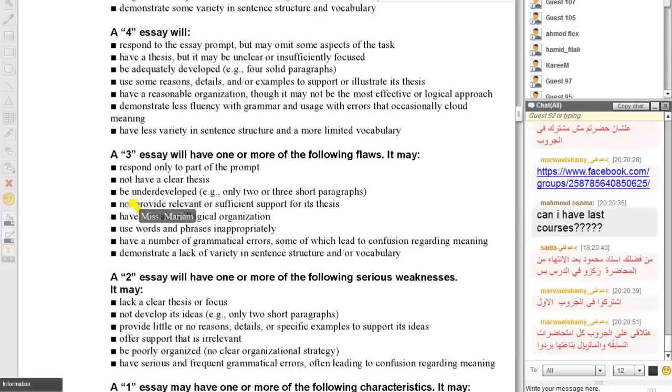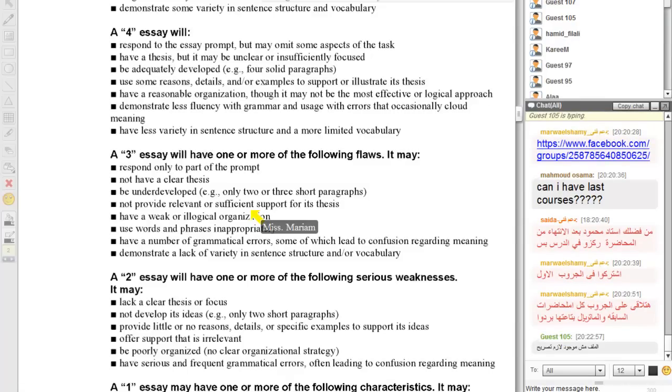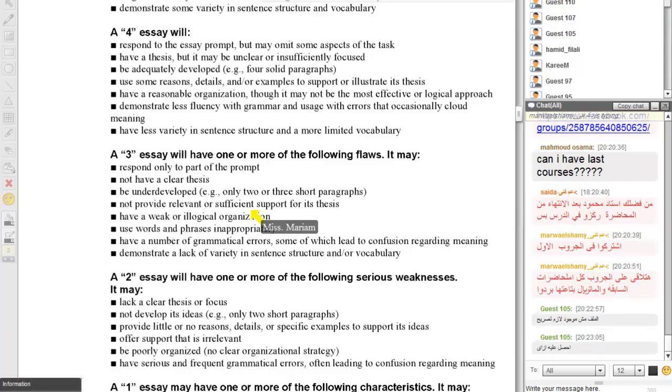Not have a clear thesis, be undeveloped, not provide relevant or sufficient support for the thesis. You are not supporting your ideas, you are out of the point, you are talking about something else. For example, if you are talking about globalization and then suddenly you remember something about the First World War and you talk about it, and then the conflict between some countries, you know.